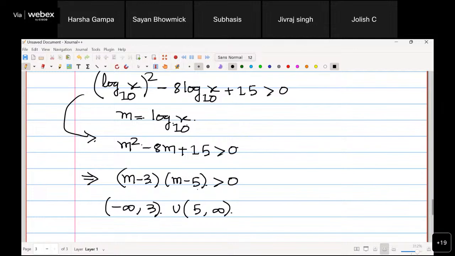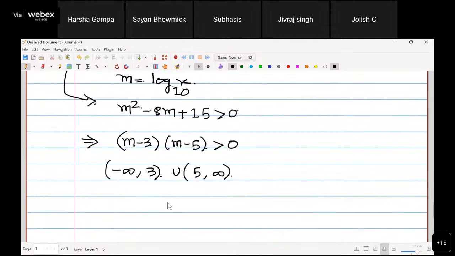Correct or no? Yes. So in other words, this is positive if m is less than 3 or greater than 5, right?